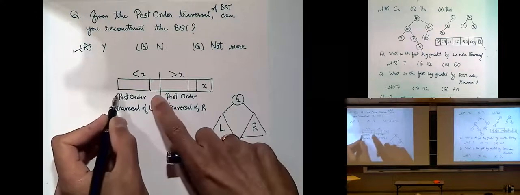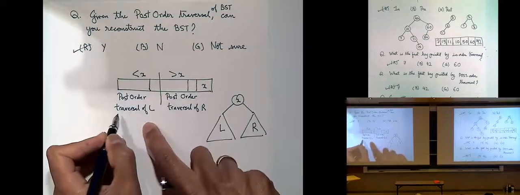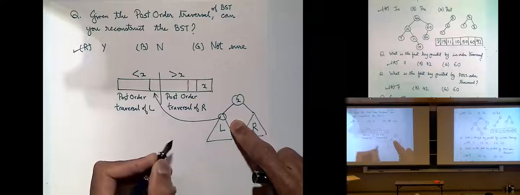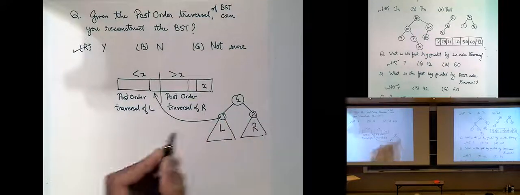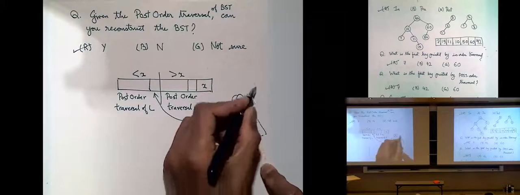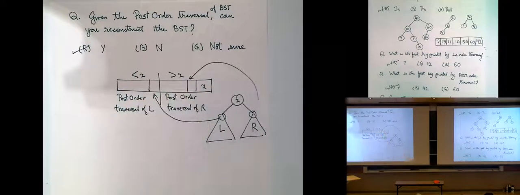Because this portion is the postorder traversal of L. So that child must be printed there. And similarly, this portion here has the postorder traversal of R, and so that must be over there. But instead of trying to have a piece of code that explicitly goes and figures all of those things out, you can just use recursion to automatically do it.